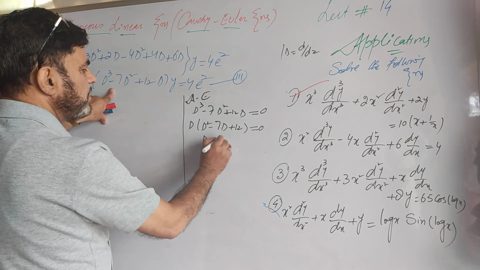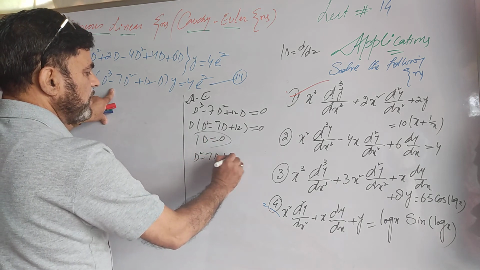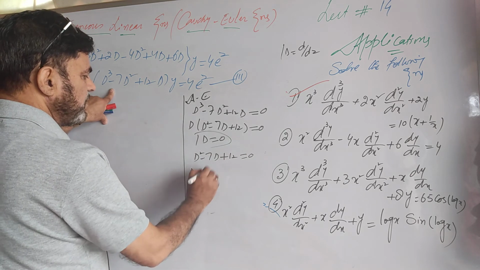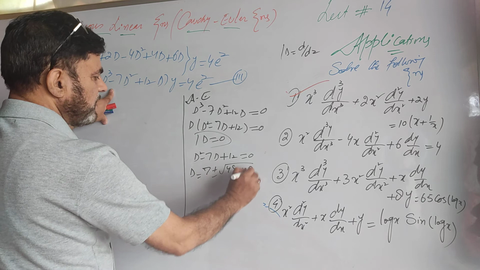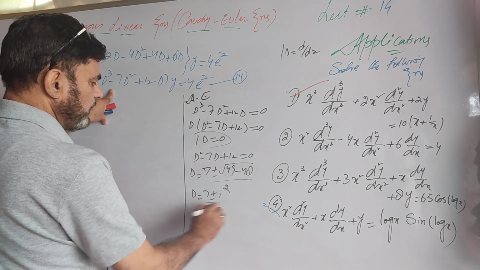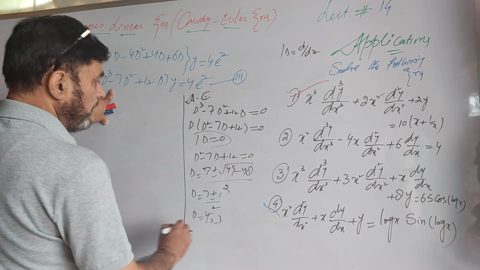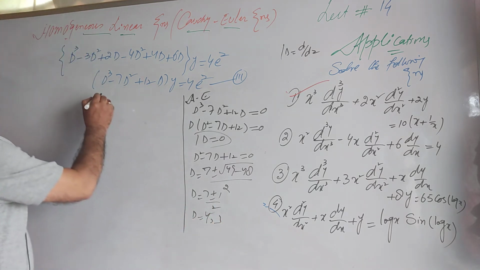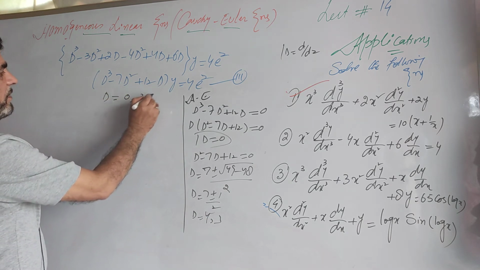One root is D equal to 0. The other two roots come from D square minus 7D plus 12 is equal to 0. That is D is equal to 7 plus minus under root of 49 minus 48, by 2. It is D is equal to 7 plus minus 1 by 2. So D is 4 and 3. Therefore you have here D values 0, 3, 4.